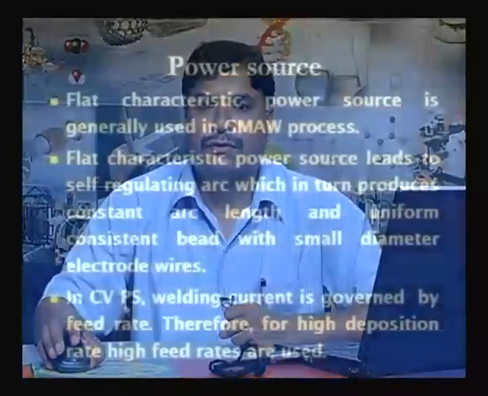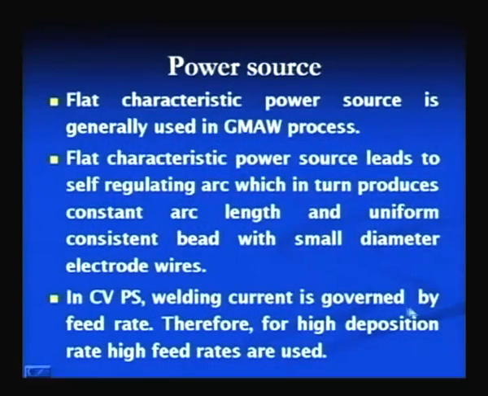In the constant voltage power source, welding current is governed by the feed rate. If we need to develop more heat for welding of thick plates, then the feed rate is increased, so that the welding current also increases.